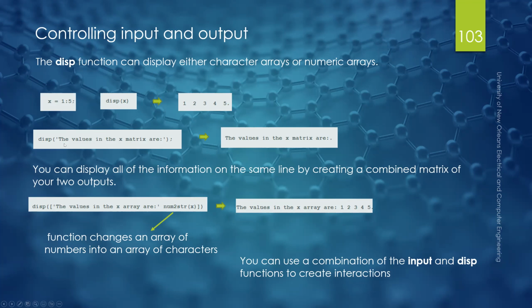If you want to display a set of characters, we'll simply put them in single quotes, and DISP will then display that information. And the reason I'm bringing this back again, the input and DISP, is because at the end of this section, I'm going to show you a piece of code that uses these functions plus all the ones that we're going to introduce a little later, and you can see how they can be used from beginning to end.